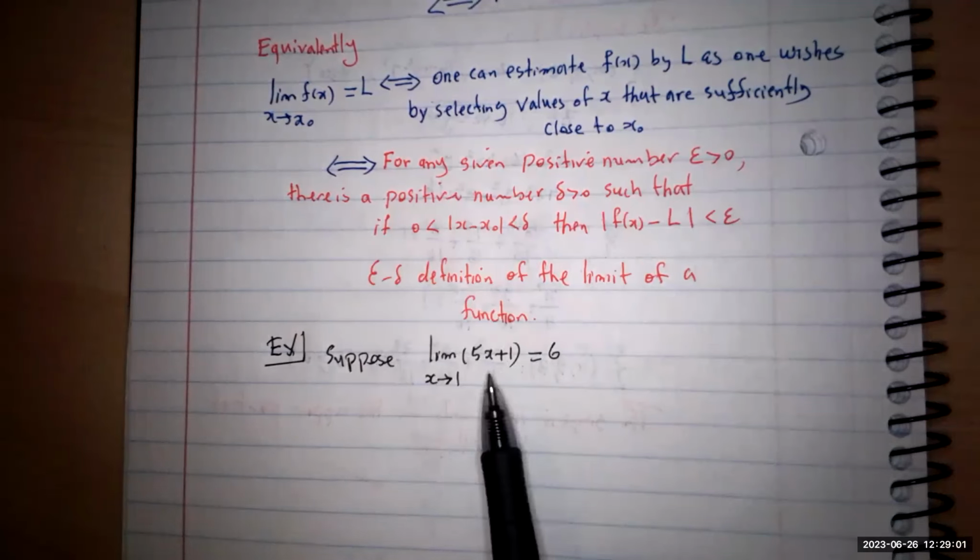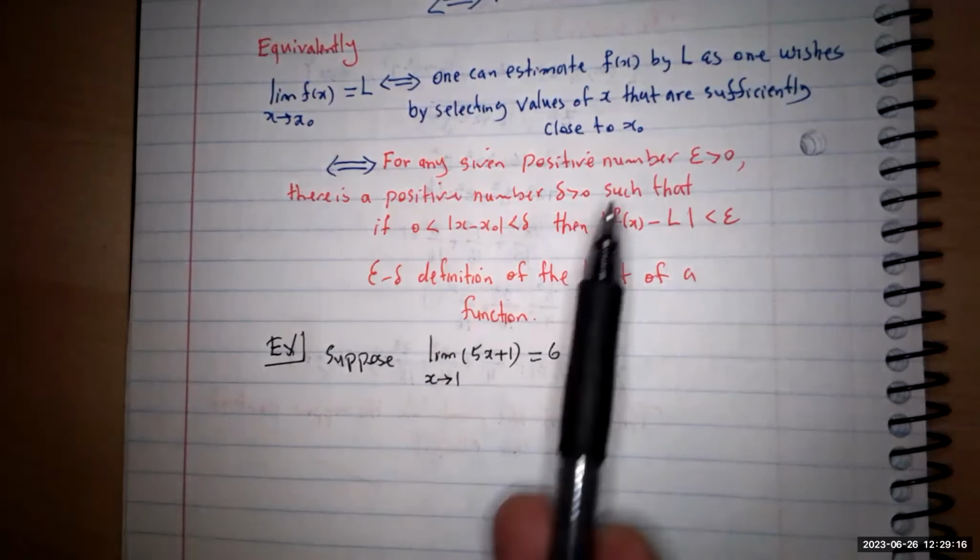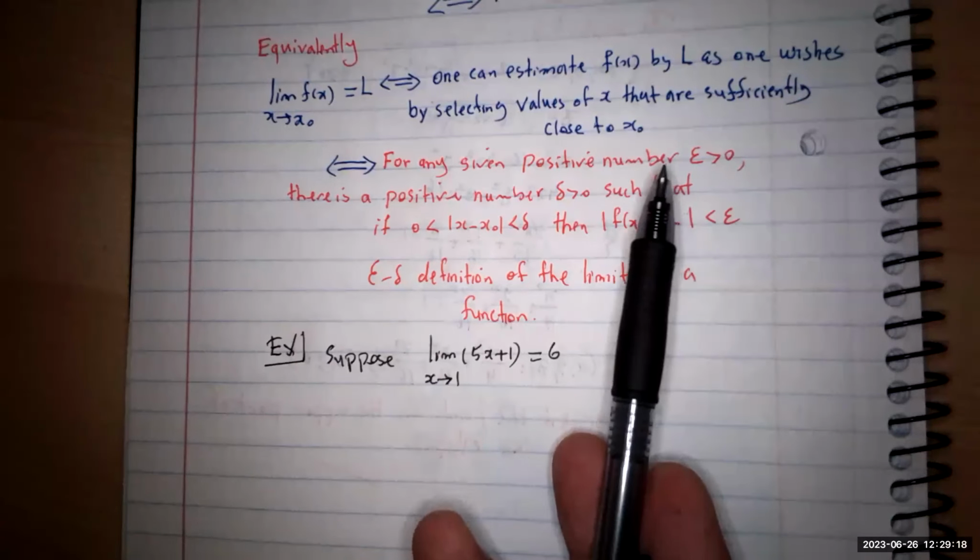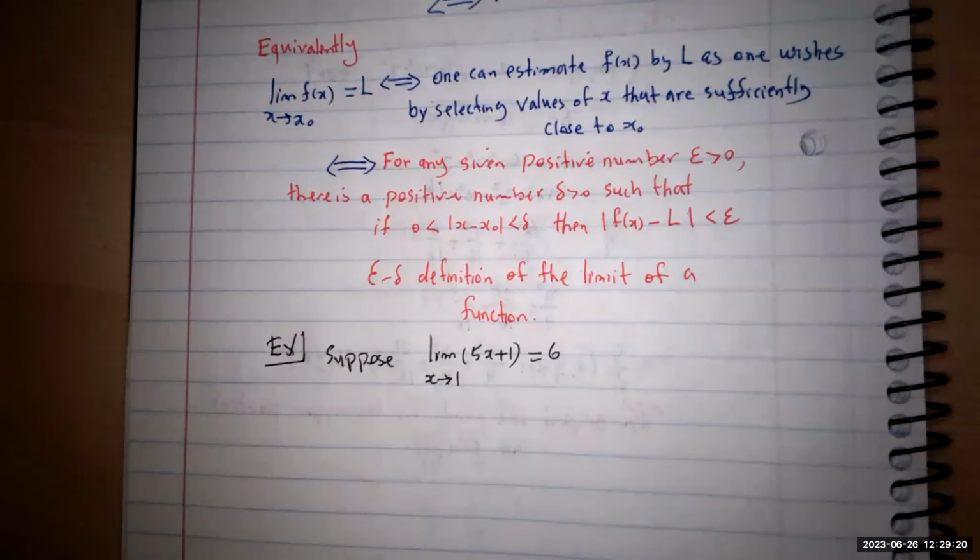So this means I can estimate 5x plus 1 by 6 as you like. You have to tell us what's your tolerance. How much are you prepared to lose or gain? That would be epsilon. Suppose I give you that.